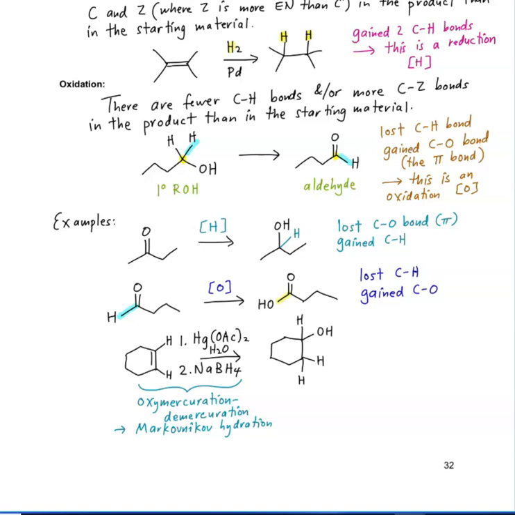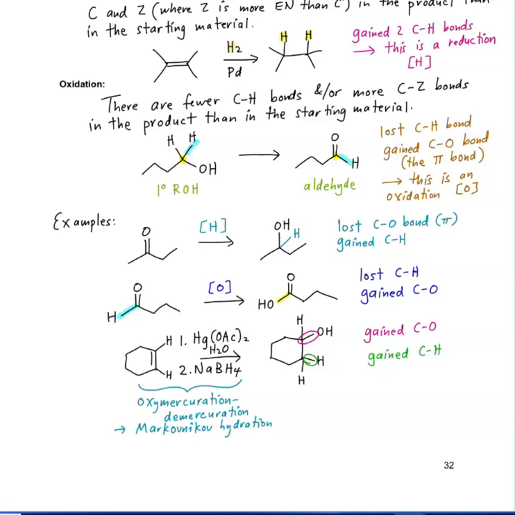So the two new bonds that you created were a CO bond, so you gained a CO bond, but you also gained a CH. So an increase in the number of carbon-oxygen bonds is oxidative, but an increase in the number of carbon-hydrogen bonds is reductive.